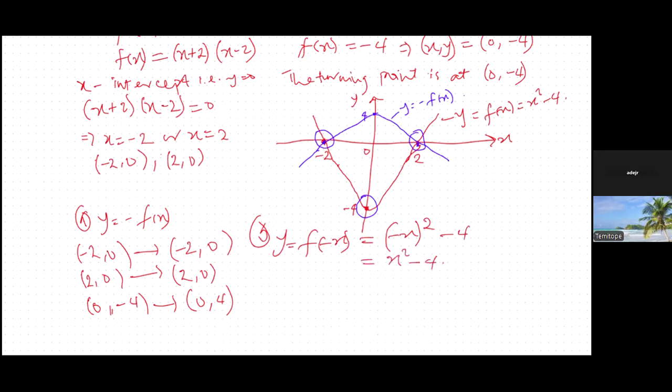Do you get that? Yes, sir. So that means I'm still going to have the same graph. So this is also y equals f of -x. Is that clear? Yes, sir. So that's all. So write that, and that's how to reflect.